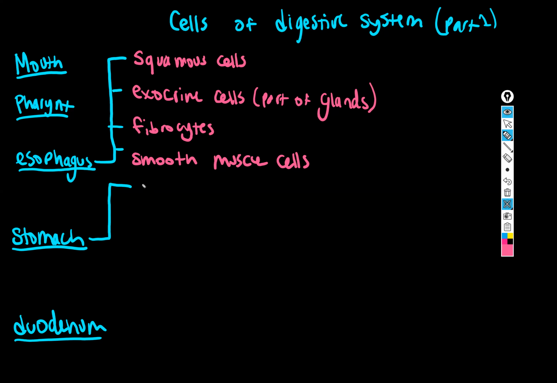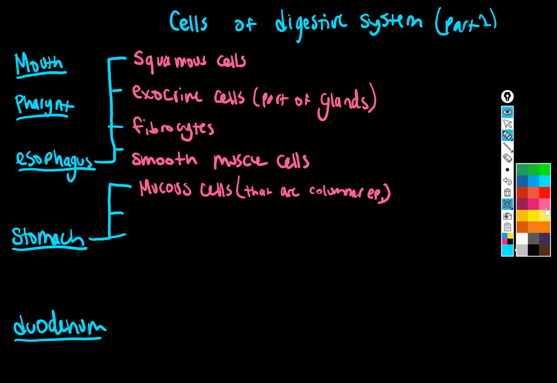They are mucus cells, and they're going to secrete mucus onto the apical surface of our mucosa to protect our gastric mucosa from its own secretions. And then also part of the mucosa are a variety of cells.